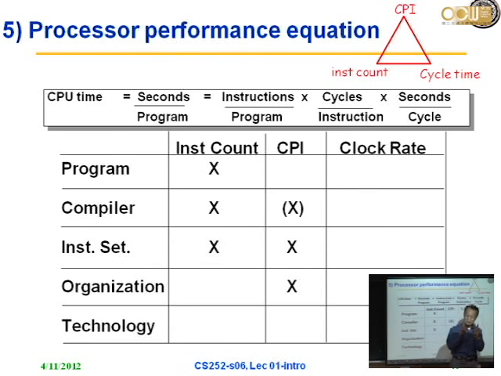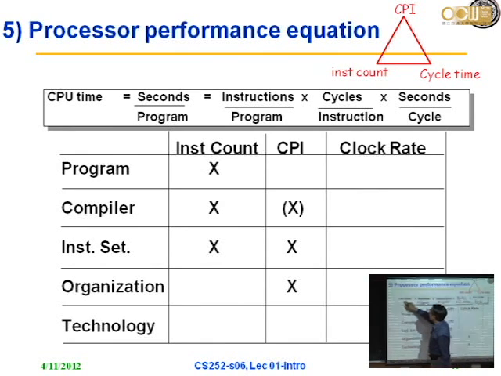How long a cycle will be, how many cycles you will need for an instruction, and how many instructions your program will need to execute. So for a loop, if the loop body runs 10 times, then you have executed 10 times the instructions in the loop. Okay?